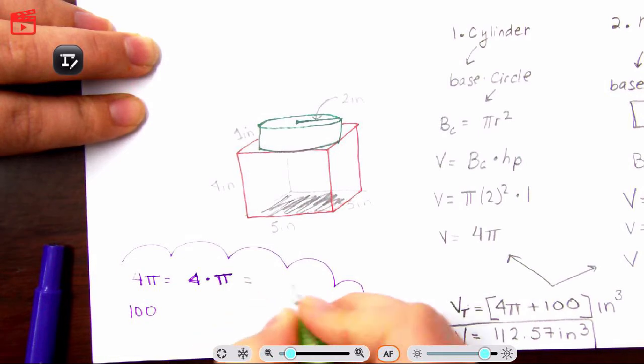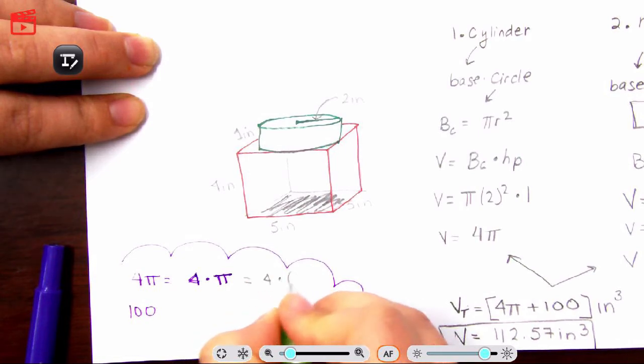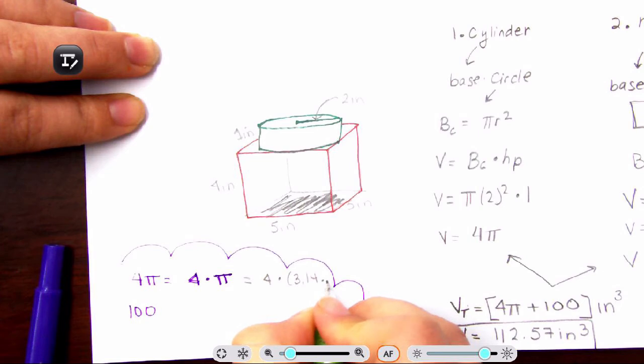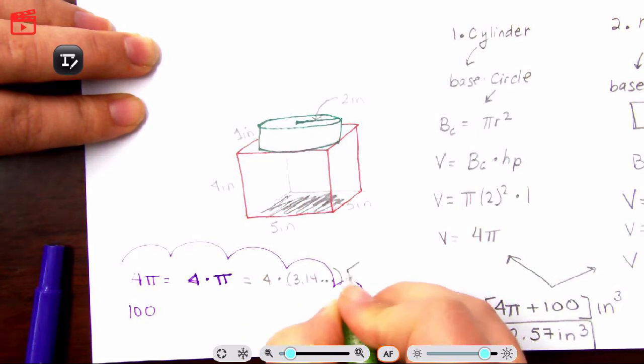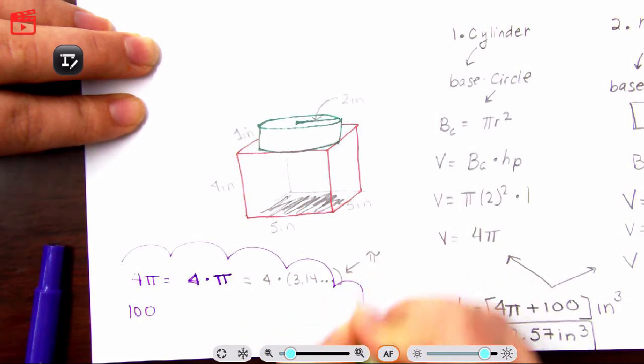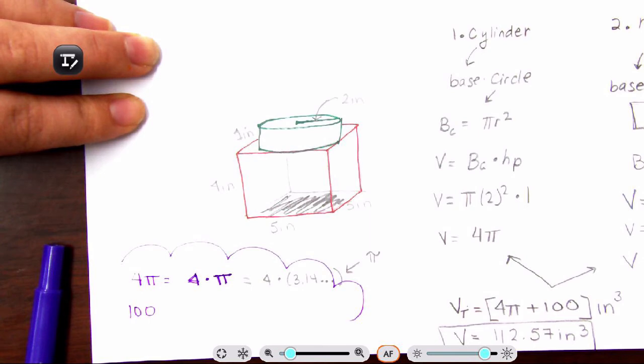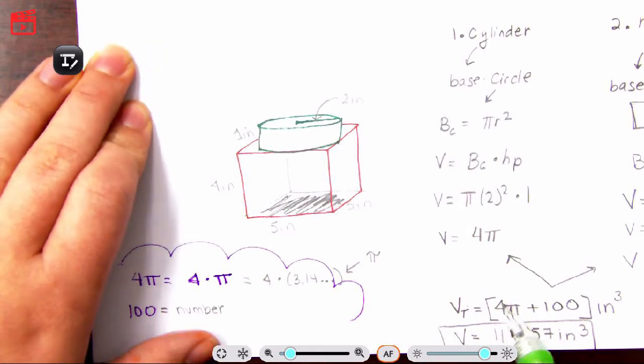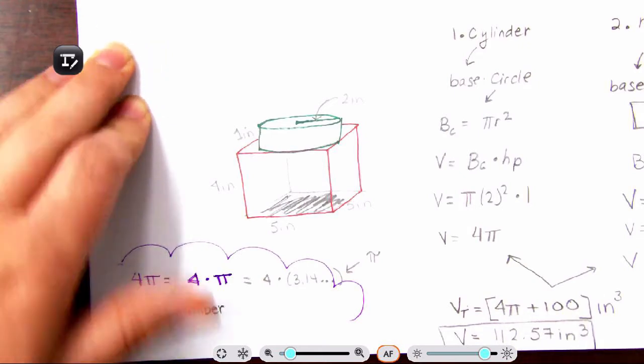This right here is 4 times 3.14, etc. Use your pi button instead of typing 3.14. It's going to give you a more accurate answer when you are rounding. If you don't use your pi button, it will not give you the most accurate answer and you will be getting it wrong. Okay, so this is just a number. You don't combine them, okay? Pi plus or minus a number, can't combine them.